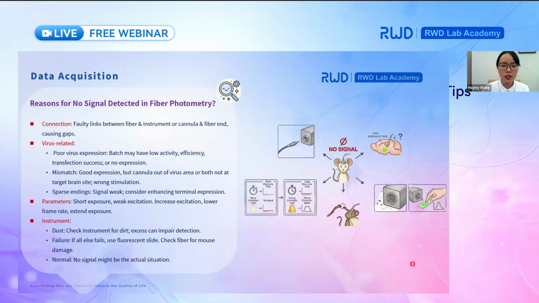A common question at this point is, what if there's no signal detected in the fiber photometry? Mostly it's because of the collection, the virus, the parameters, or the instruments.